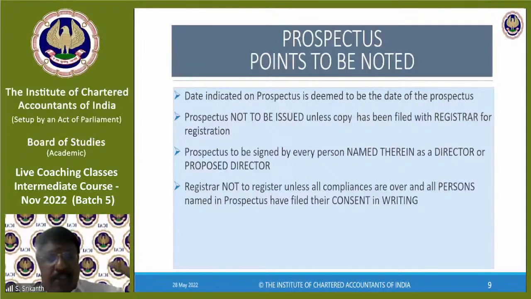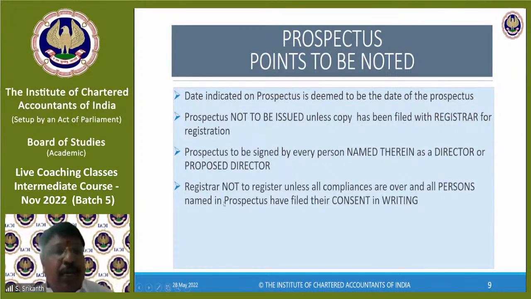See, Mr. A is a director. You go to the MCA website, you find that A is a director. Now you read the prospectus, you find A's name is there, and along with that, you find B is also there. Now you go to the MCA website, B is not a director. But in the prospectus, they are telling that after the IPO, Mr. B will become director. Able to see the future tense here? Will become, proposed. So he is not a director at the time of issue of the prospectus, but he is named in the prospectus as a future director.